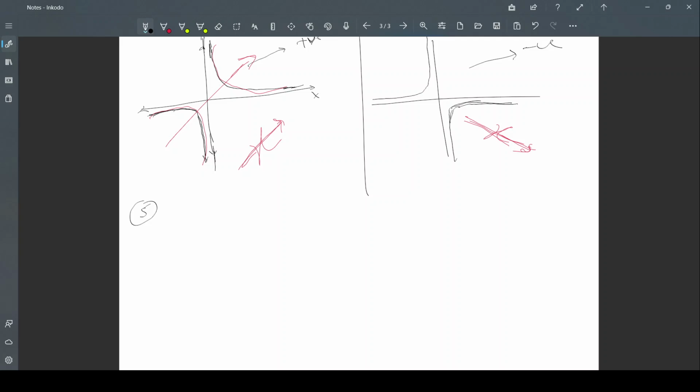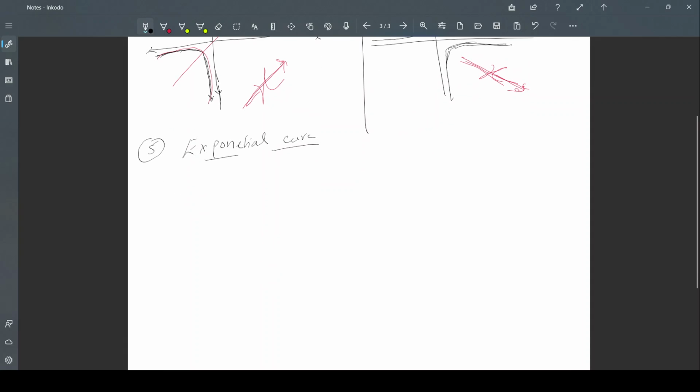And we have one more, that is the exponential graph. We call it an exponential curve, or exponential graph. So what will be exponential? Actually, exponential or power, both are the same in mathematics. So it's like y equals, let's say, a, which is any number, like 2, and over there we have an exponent of x.